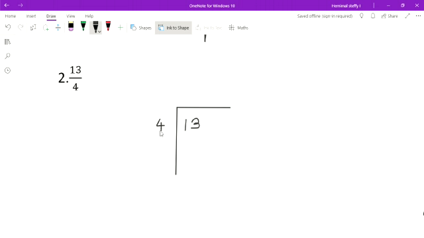Okay, how many times? 2 4s are 8 and 3 4s are 12. Is it correct now? Okay, 3 4s are 12. So I'm taking 3. 13 minus 12 is equal to 1.